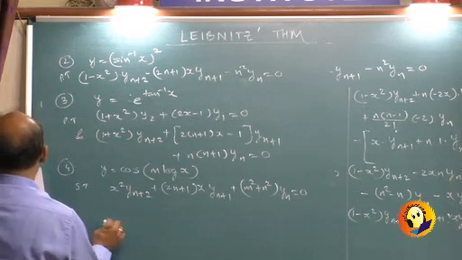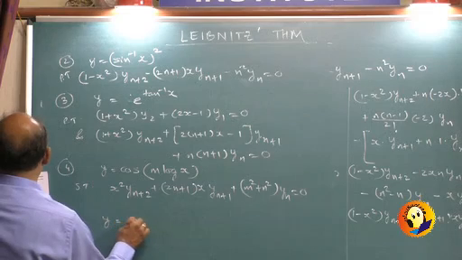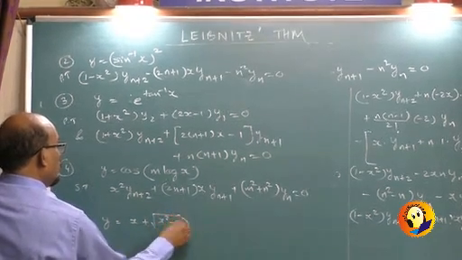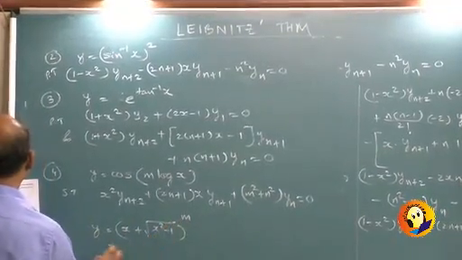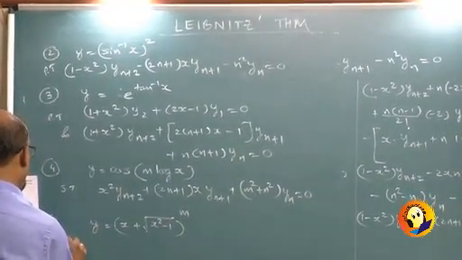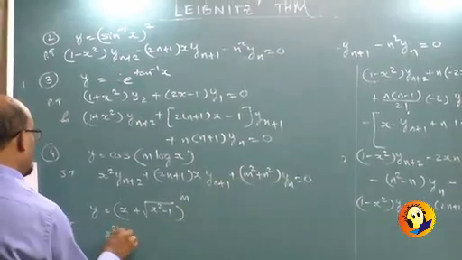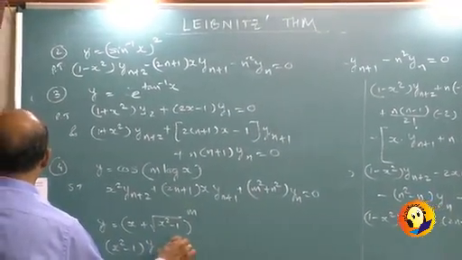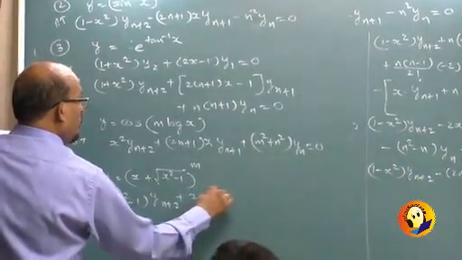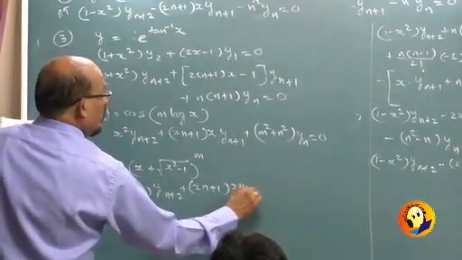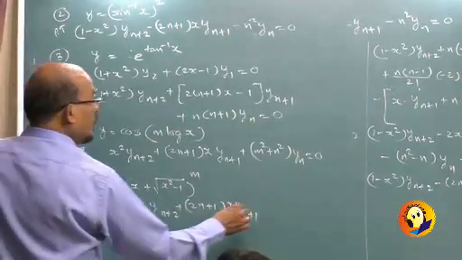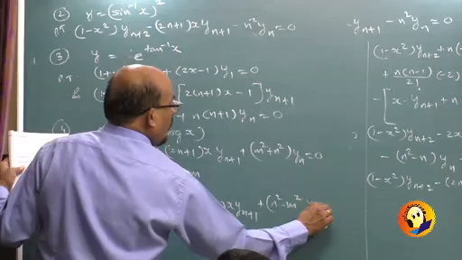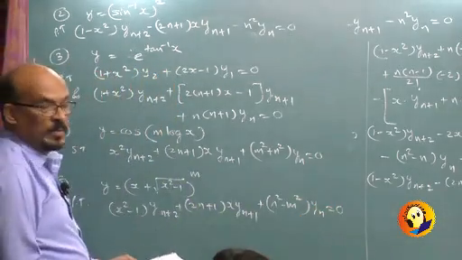Fifth, y equal to x plus root of x square minus 1 bracket raised to m. Prove that x square minus 1 yn plus 2 plus 2n plus 1 x yn plus 1 plus n square minus m square yn equal to 0.